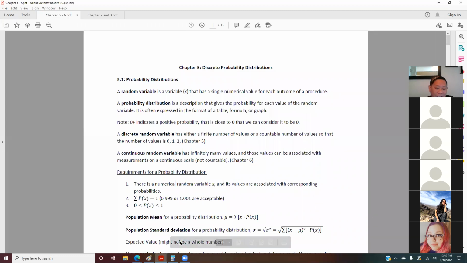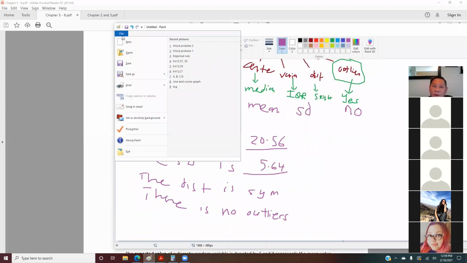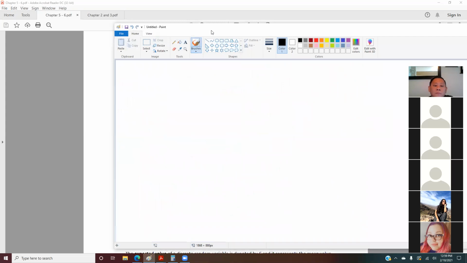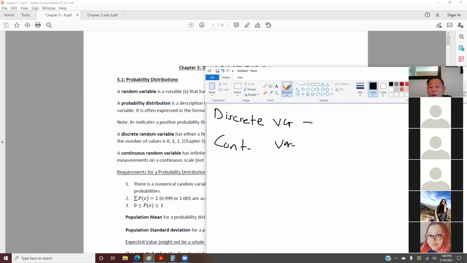Now, when you ask for the discrete case, do you guys know what a discrete variable is? You learned it in chapter 1. We got continuous variables and we got discrete variables. Discrete variable is like a whole number. Can you give me an example of a discrete variable?